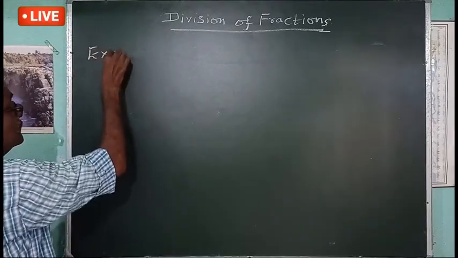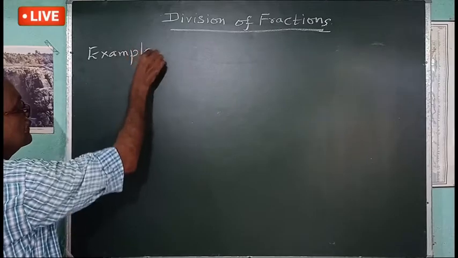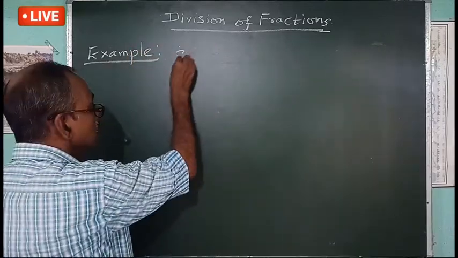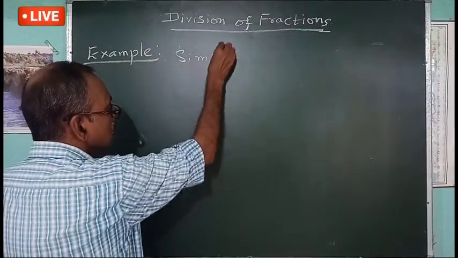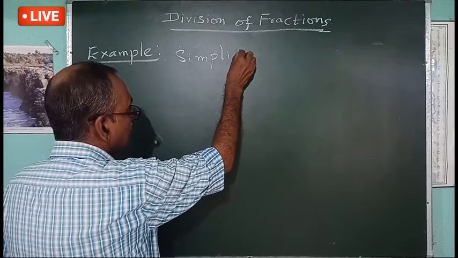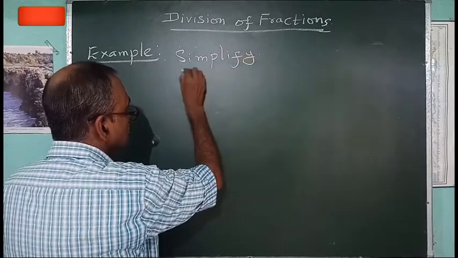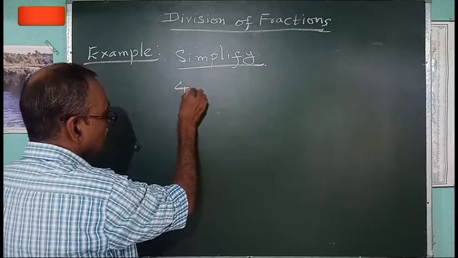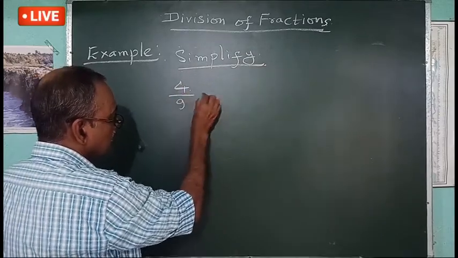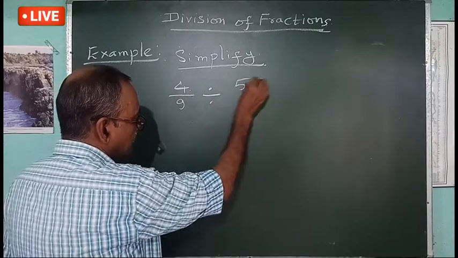Example. Simplify 4 by 9 divided by 5 by 6.